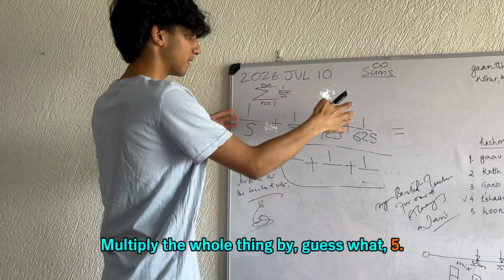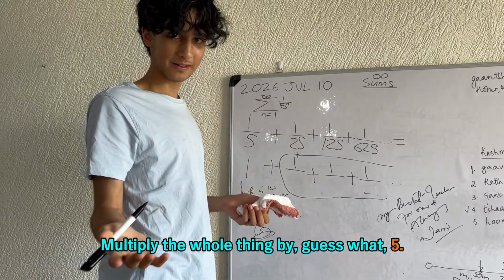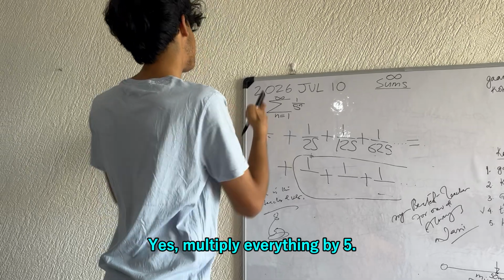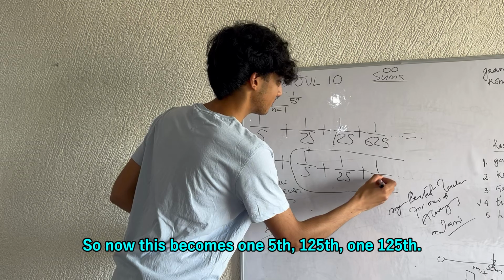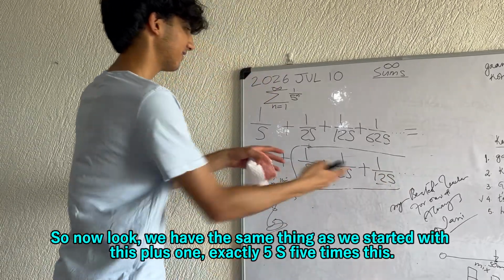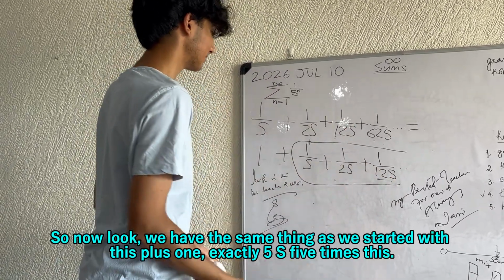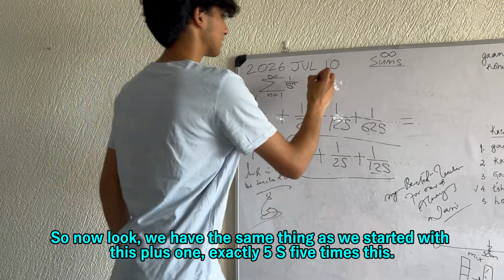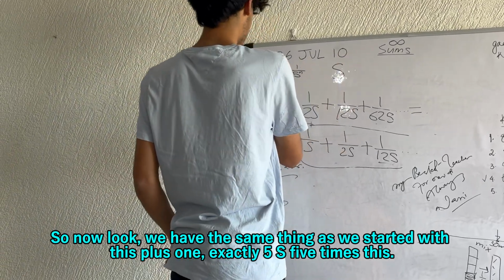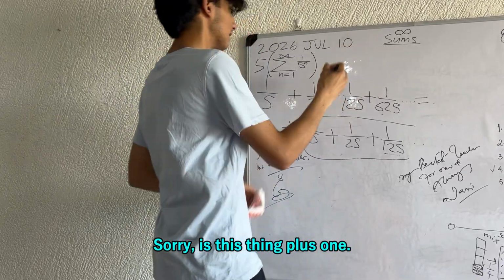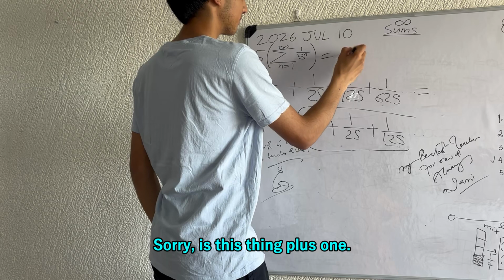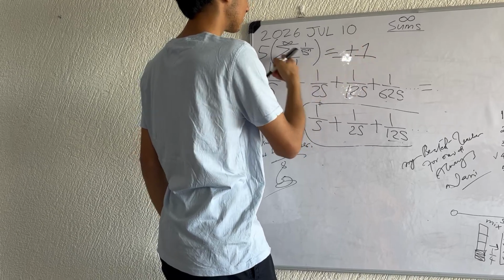Now, if we multiply the whole thing by, guess what, 5. Yes, multiply everything by 5, so now this becomes 1, 1/5, 1/25. Now look, we have the same thing as we started with, just plus 1.